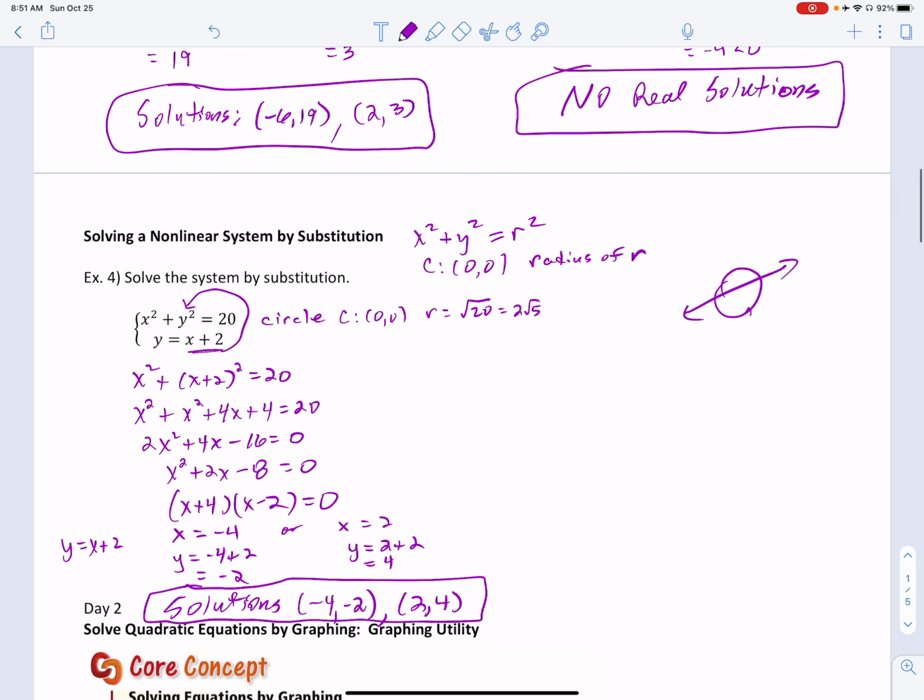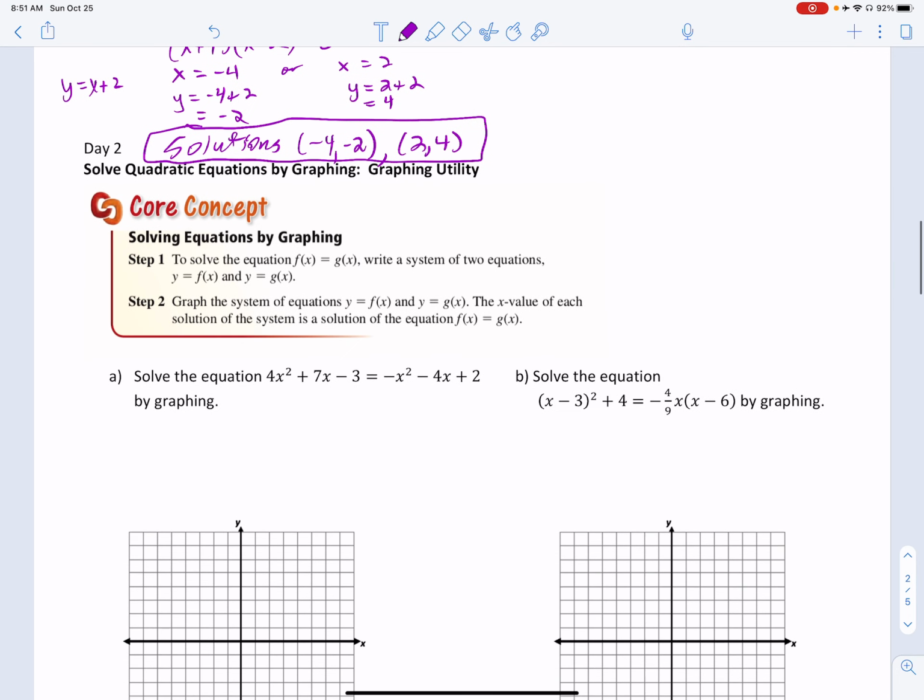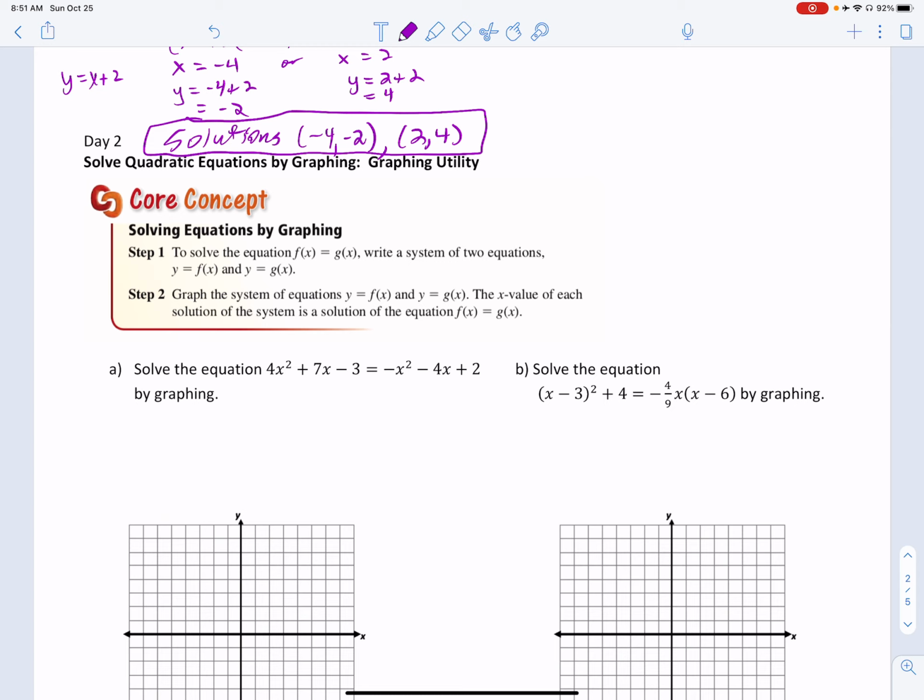All right, so on day 2, you'll have some repeat of the other ones, just reinforcing those. But then we have something a little different here. Solving equations by graphing. To solve an equation f of x equals g of x, you write a system of two equations, y equals f of x and y equals g of x.